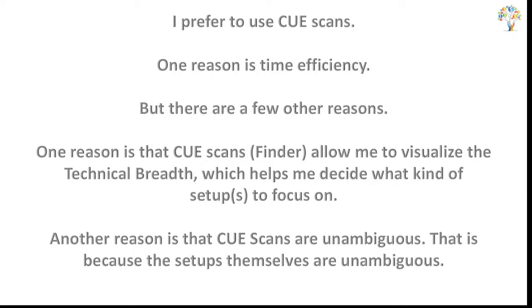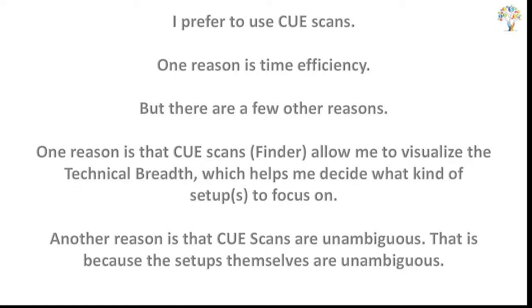One is that Q scans finder allow me to visualize the technical breadth, which helps me decide what kind of setups to focus on, trend following, reversal, or something else. Another reason is that Q scans are unambiguous.